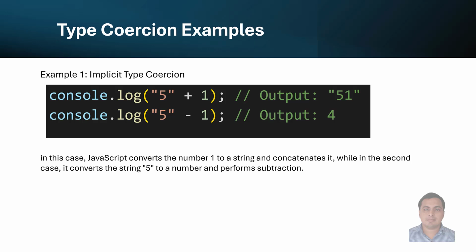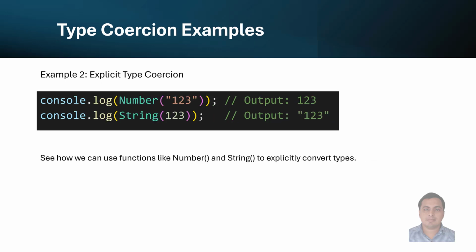So when we use the plus operator with a string, the number is converted to a string. But when we use subtraction, the string is converted to a number. Let's take another example of type coercion, where we do explicit type conversion. Here we can write console.log and call an explicit function like Number, and it will output a number. If we write console.log String 123, then it will log a string.